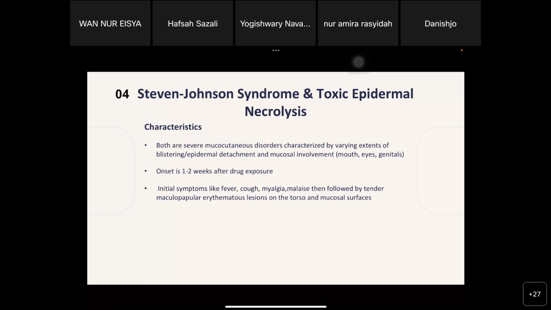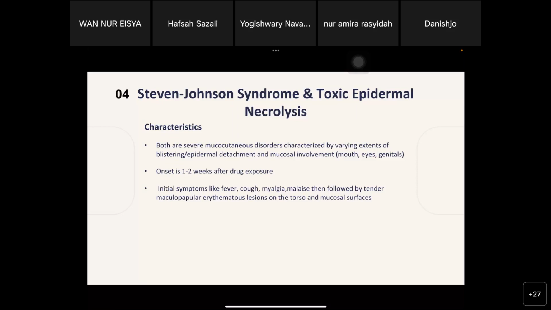The drugs that can trigger Stevens-Johnson syndrome and toxic epidermal necrolysis include antimicrobial sulfonamides, sulfasalazine, allopurinol, nevirapine, lamotrigine, carbamazepine, phenytoin, phenobarbital, and also NSAIDs.